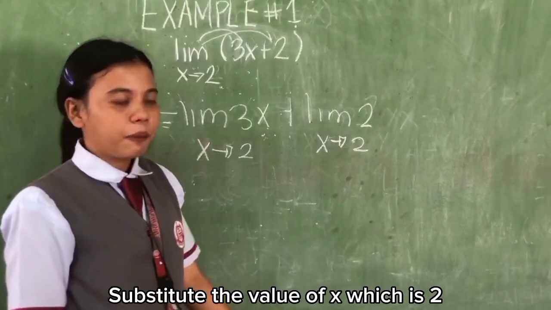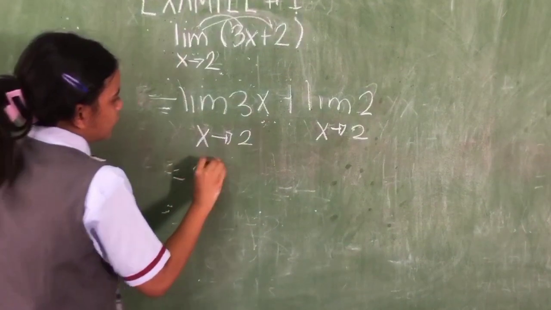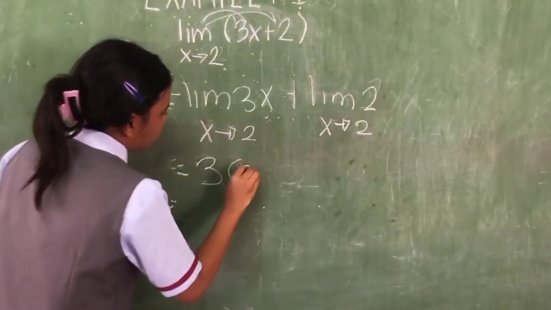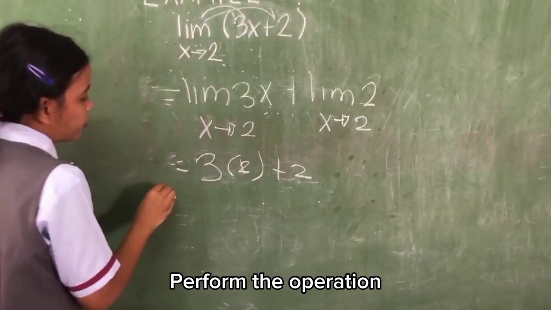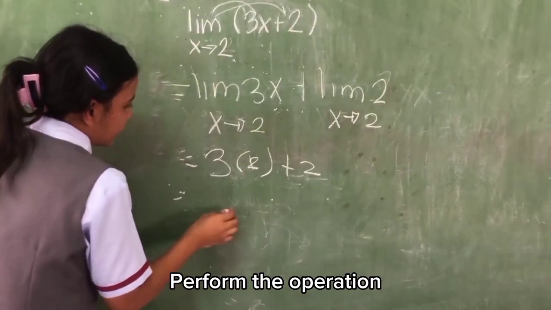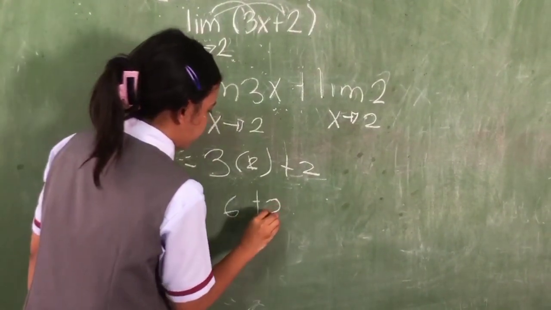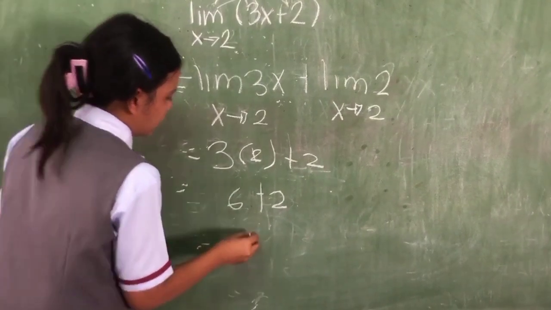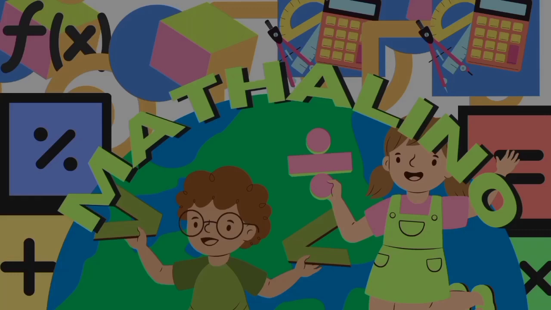Then substitute the value of x. 3 as the value of x is 2 plus 2. Then perform the operation. 3 times 2 is equal to 6 plus 2. Then 6 plus 2 is equal to 8. The answer is equal to 8.